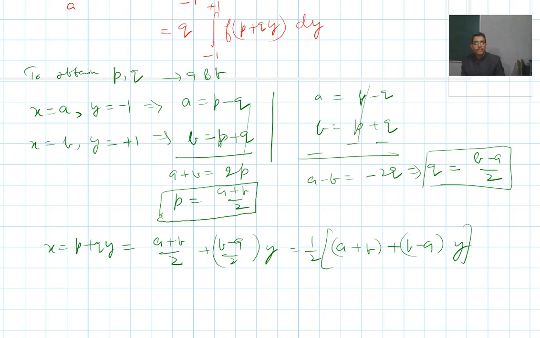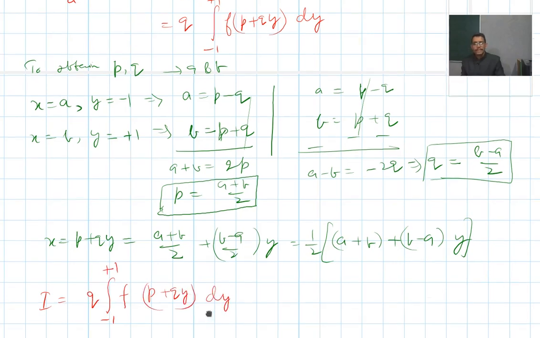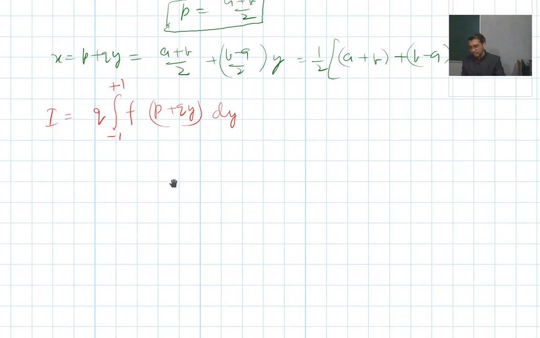So therefore this integral can be written as q times the integral from -1 to +1 of f of p plus qy dy, and let us put their values.